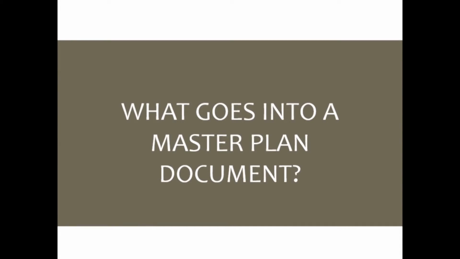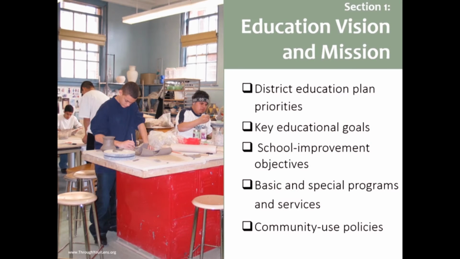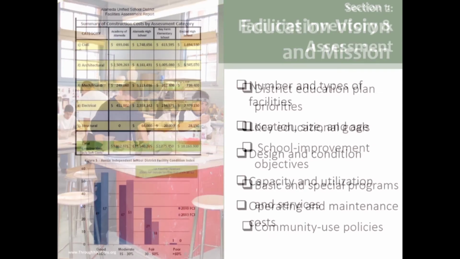What goes into an educational facilities master plan document? The document will contain 4 major sections. In Section 1, the plan describes the educational and community programs and activities that the school's facilities must support. This section should include your school district's educational vision and mission and a concise description of the district's key educational and fiscal goals.